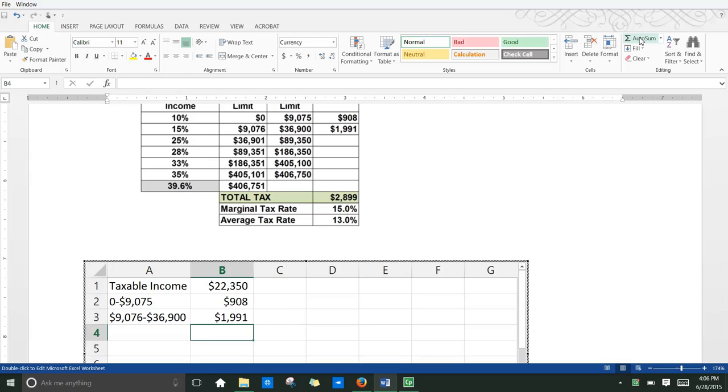So if you auto sum that, I didn't mean to auto sum that, I need to add it, equals this one because we don't want to add the taxable income in there. $2,899 is her tax liability.